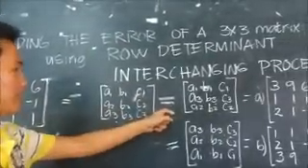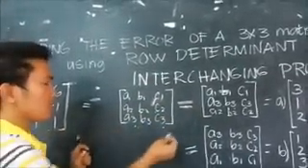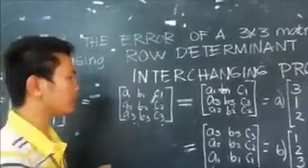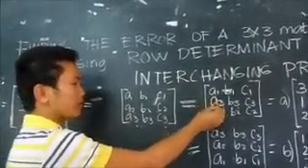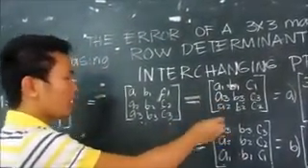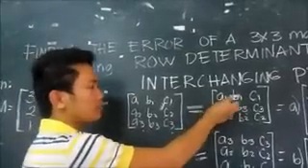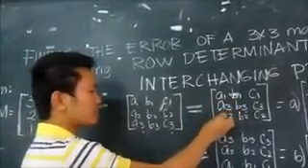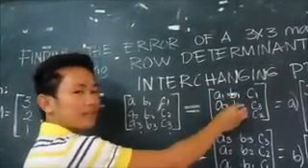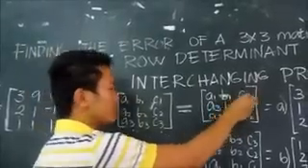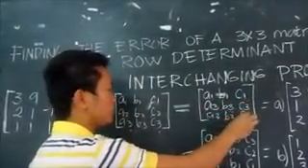The first interchange process is we are going to interchange the second row and the third row. And we have the result of A sub 1, A sub 3, A sub 2, B sub 1, B sub 3, B sub 2, C sub 1, C sub 3, and C sub 2.